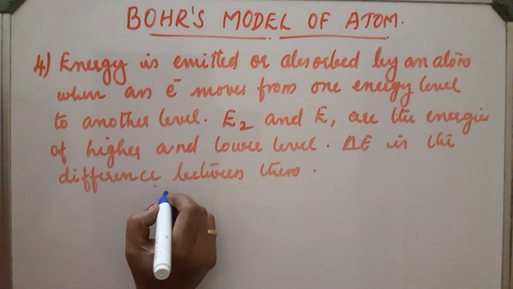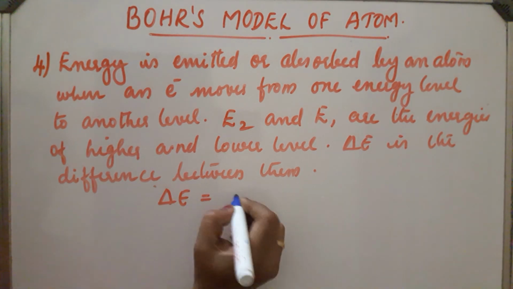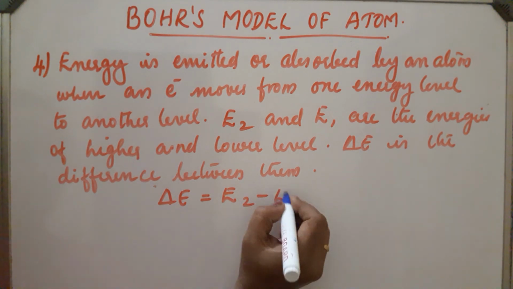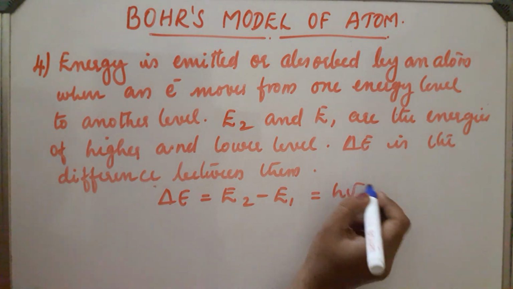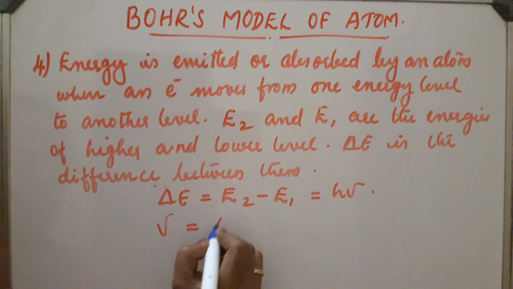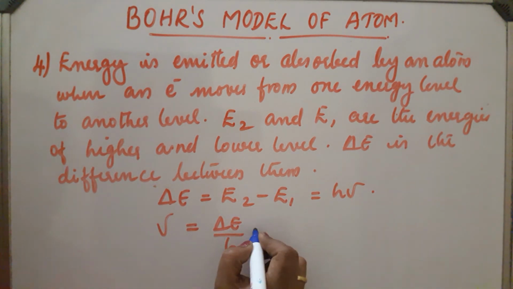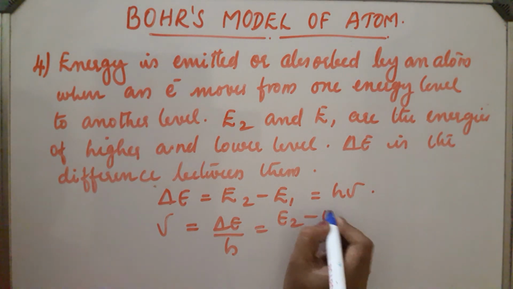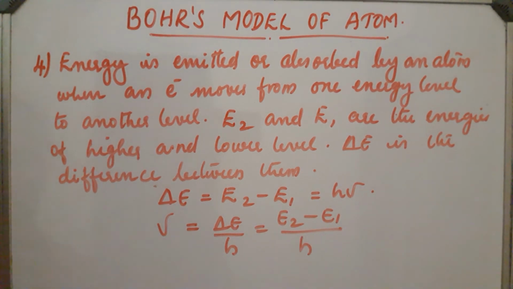We know delta E is equal to E2 minus E1, or equal to h nu. So the frequency of the radiation, nu, is equal to delta E by h, or E2 minus E1 divided by h, where h is Planck's constant.